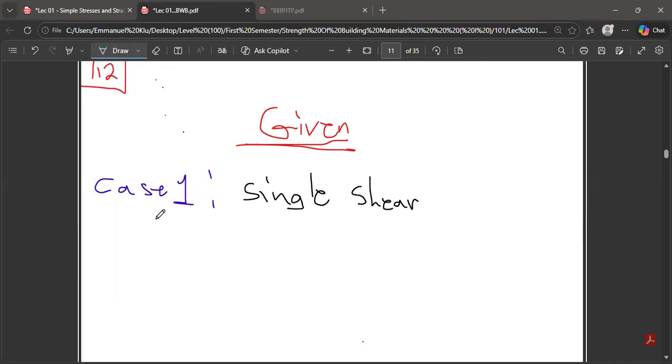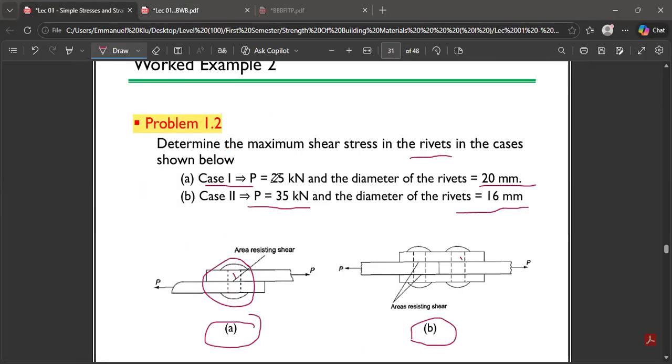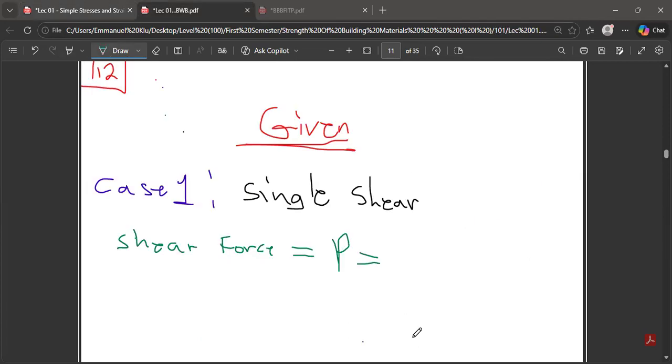All right. So the shear force, which was given in the question. Let's go and see what the shear force was. The shear force was equal to P, which is equal to 25 kilonewton, and the diameter was 20 millimeters. So let's quickly express this.